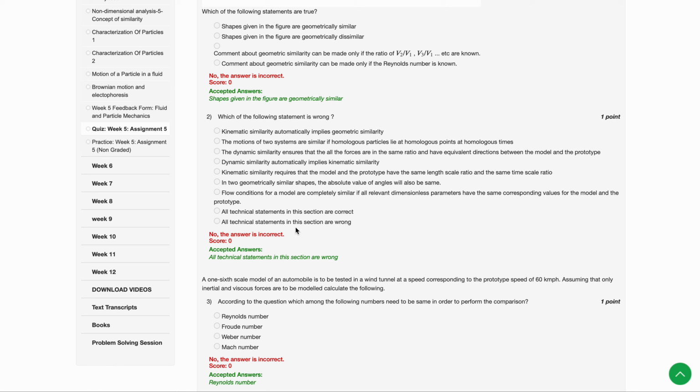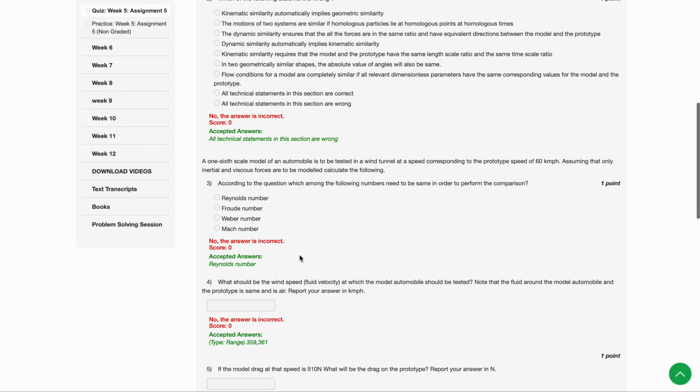so let me go to problem 3. So what it says, that a 1/6 scale model of an automobile is to be tested in a wind tunnel at a speed corresponding to the prototype speed of 60 kilometer per hour, assuming that only inertial and viscous forces are to be modeled.